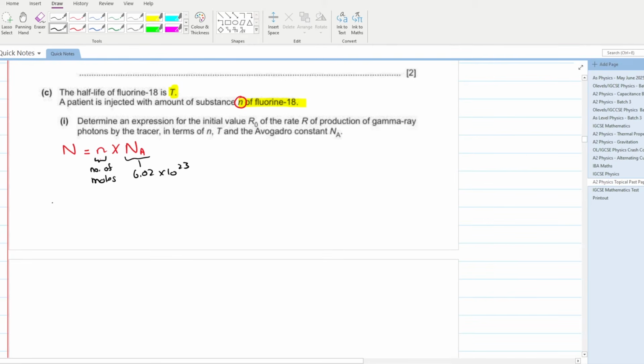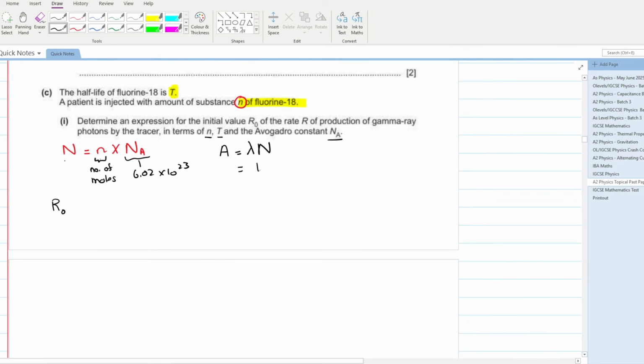Determine an expression for the initial rate of production of gamma photons. Okay, so we have to calculate the initial rate of production of gamma ray photons by the tracer in terms of n, T and the Avogadro's constant. So what else do we know? We know that activity of any nucleus or any fluorine atom at any point can be given like this: decay constant multiplied by N. You have already calculated N. What will your decay constant be equal to?